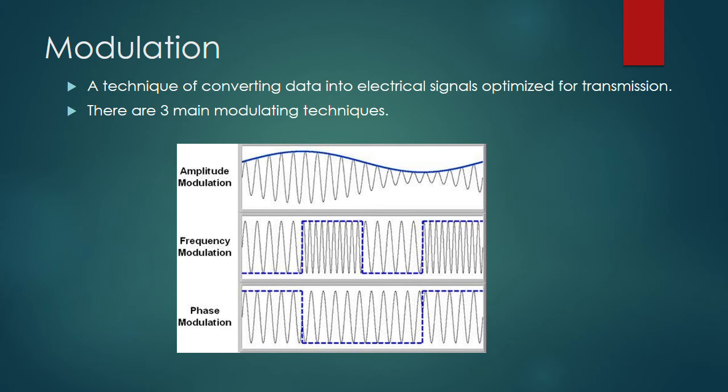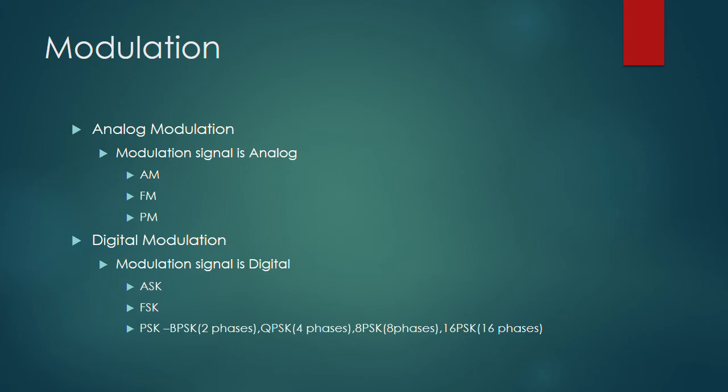In analog modulation, the signal is analog. There are three types: we can modify the amplitude, frequency, and phase in the analog signal.